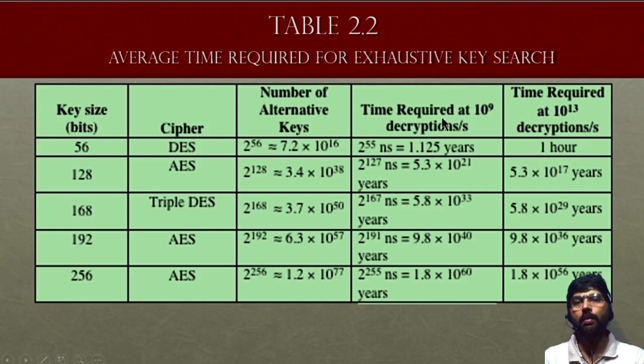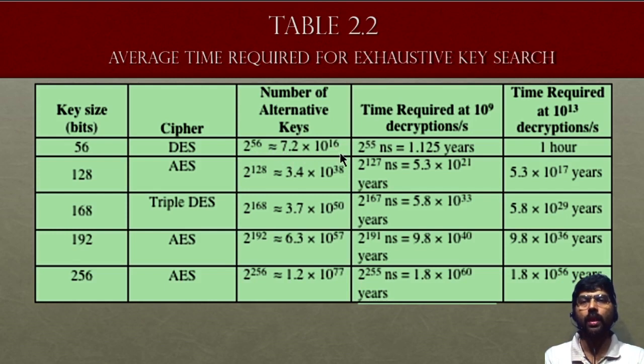One supercomputer executes 10^9 decryptions per second, and one higher-speed supercomputer executes 10^13 decryptions per second. Here we are doing some comparison, but I am explaining DES. DES has a key size of 56, which gives 2^56 alternatives, approximately 7.2 × 10^16 keys.